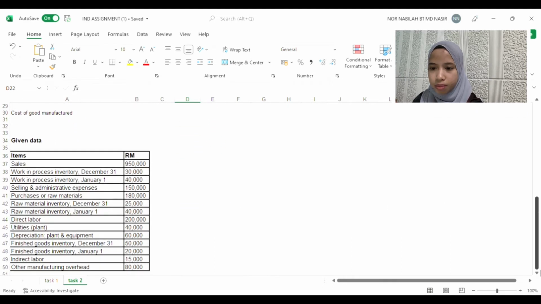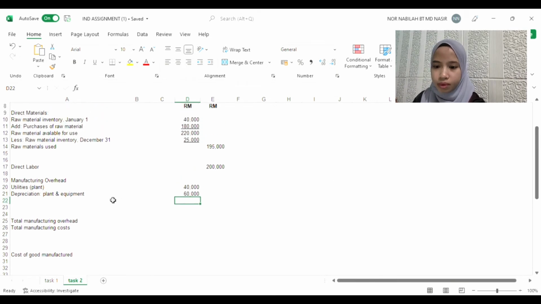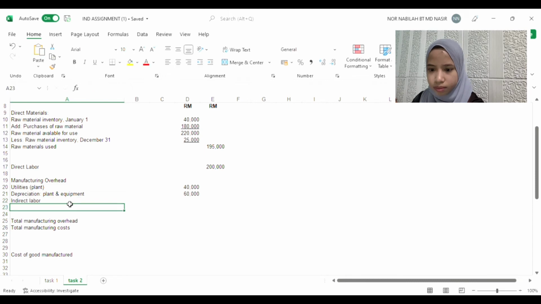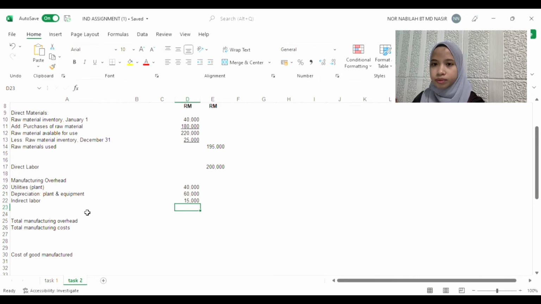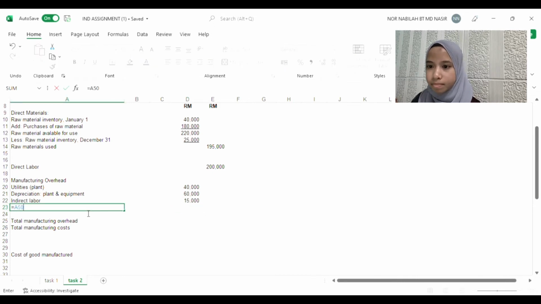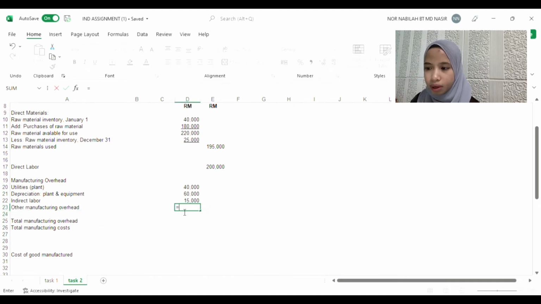Next, depreciation plant and equipment, 60,000. Plus indirect labor, 15,000. And other manufacturing overhead. Indirect labor is 15,000.